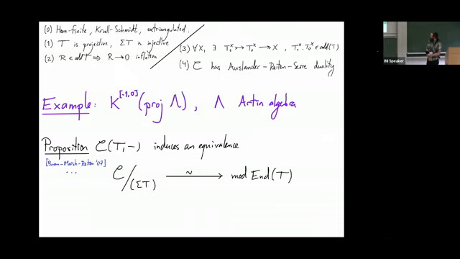This is due to Buan-Marsh-Reiten in the case of the cluster category, but it's still true with approximately the same proof for an extriangulated category satisfying these five axioms. So we've generalized the setting that we're used to if we're categorifying cluster algebras.